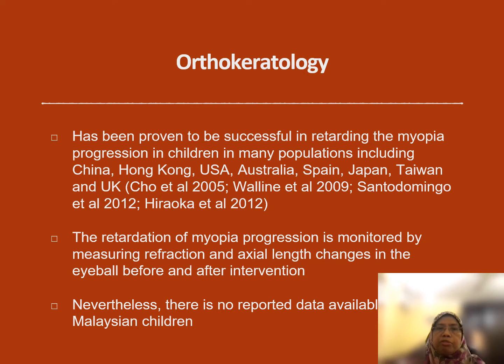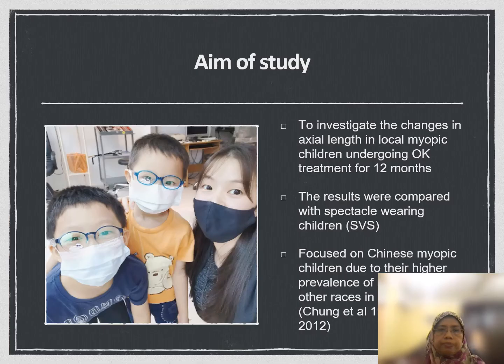Orthokeratology has been proven to be successful in retarding myopia progression in children in many populations around the world. The retardation of myopia progression is monitored by measuring refraction and axial length elongation before and after intervention. Nevertheless, there is no reported data available in the literature from Malaysian children.